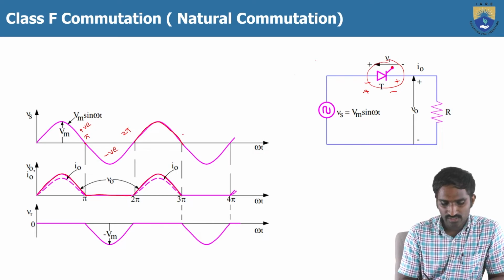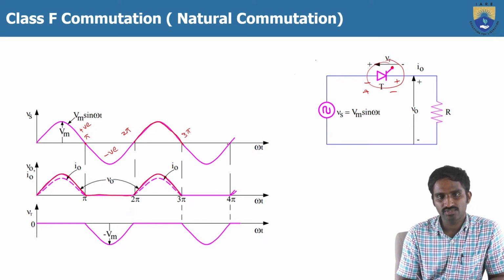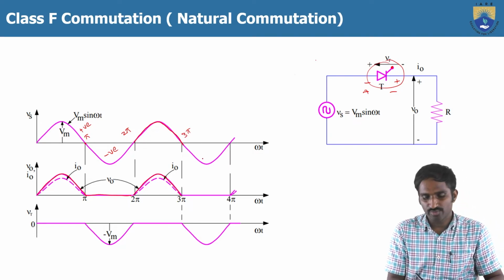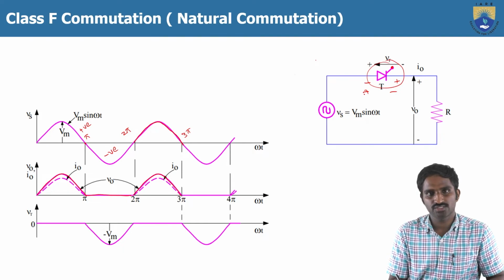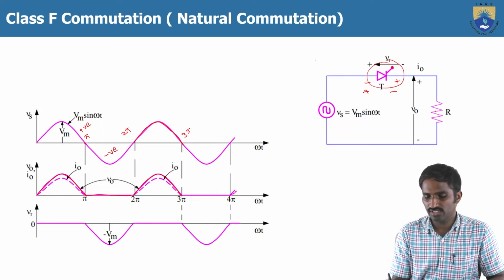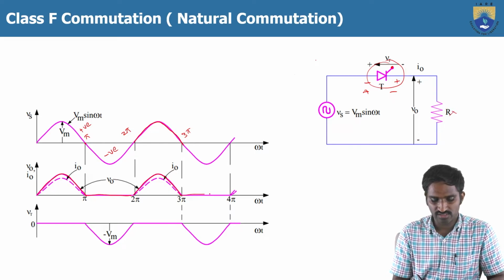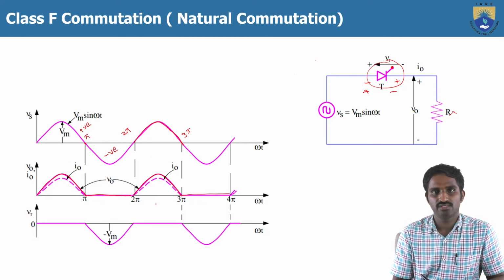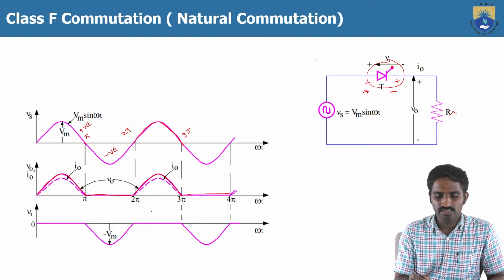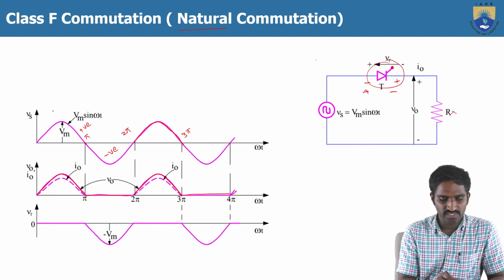Similarly, after 3 pi, again the negative cycle. Because of the negative cycle, again the reverse biased voltage is applied across the thyristor T1, then the thyristor T1 will turn off, then there is no load current. So again it is 0. This is how the natural commutation is happening. Why is it natural? Because of the nature of the AC waveform.